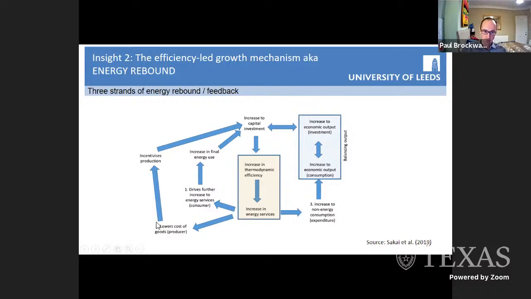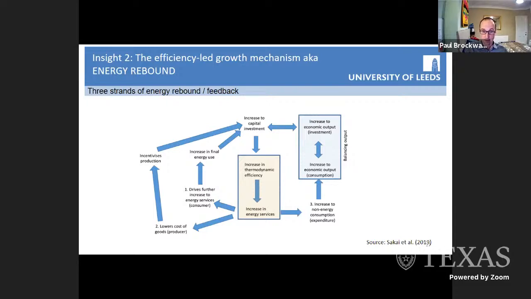Looking at the costs of goods for producers, which incentivizes production to sell more things more cheaply. Capital investment feeding back in, which then increases efficiency, increases energy services, and then a complementary set of consumption expenditure. So at a personal level, once I've bought one new iPhone, I don't have an iPhone, but if I did, that would actually increase my chances of buying something else as well.